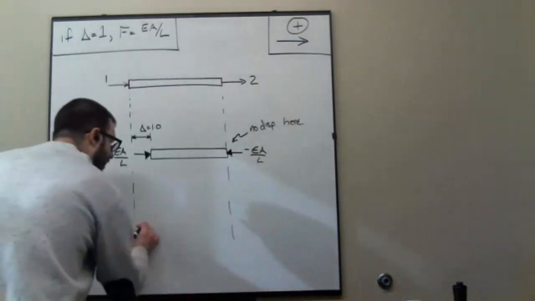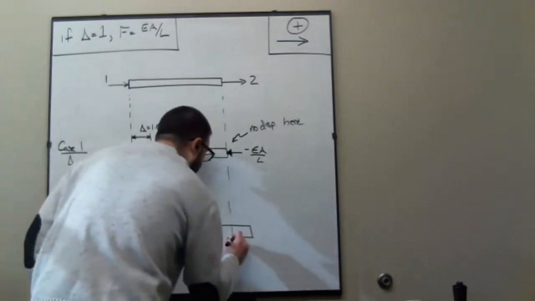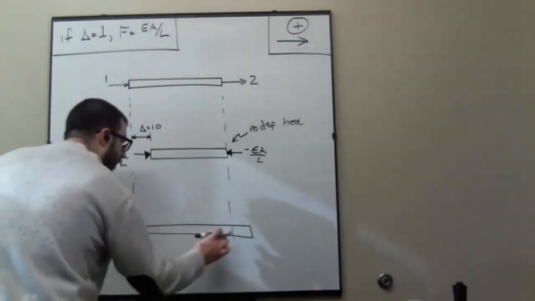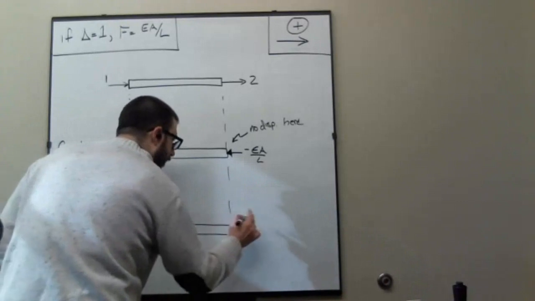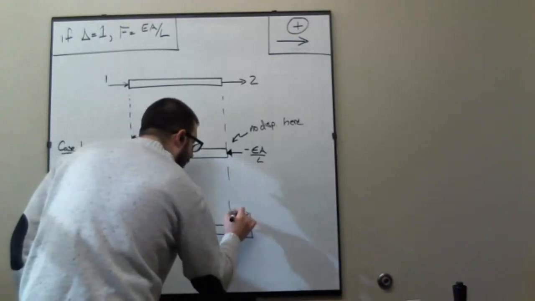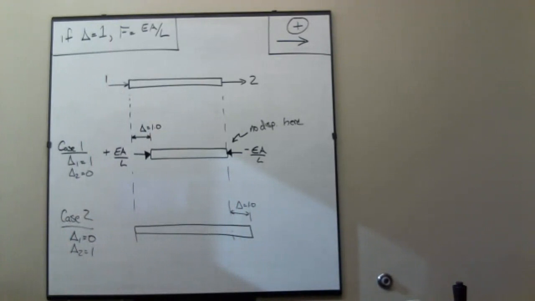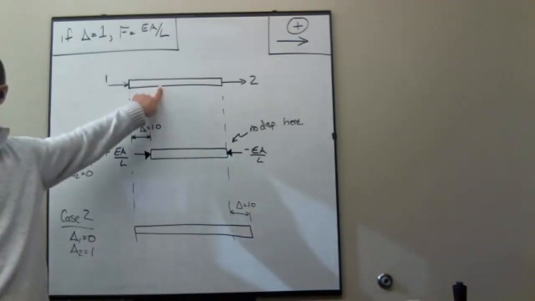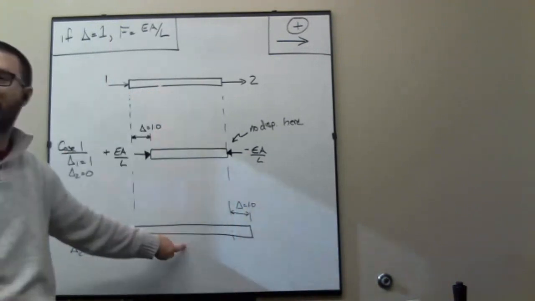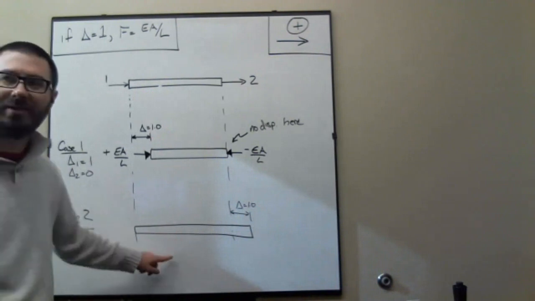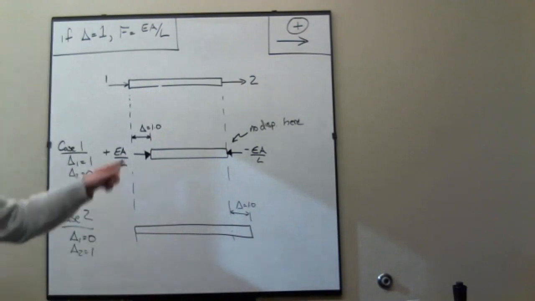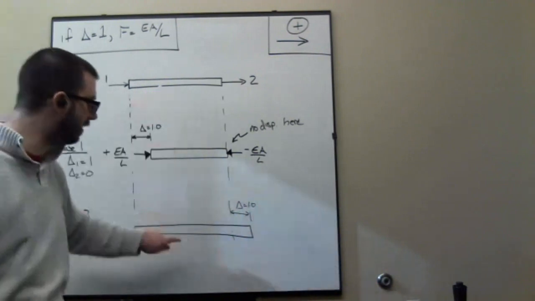So that means the element looks something like this, right? So that dimension right here, that delta, is 1. And so if this is what the element looked like before, and this is what it looks like now, what did I do to the element? How do I get the element to go from this to that?